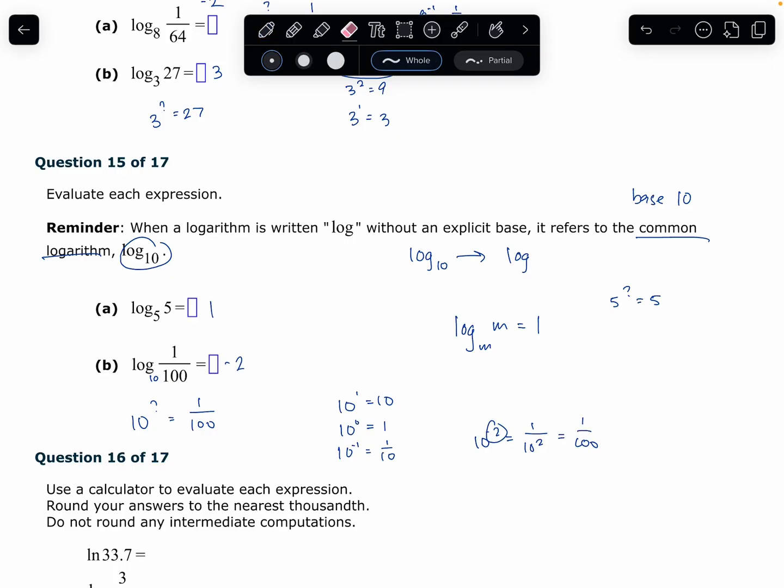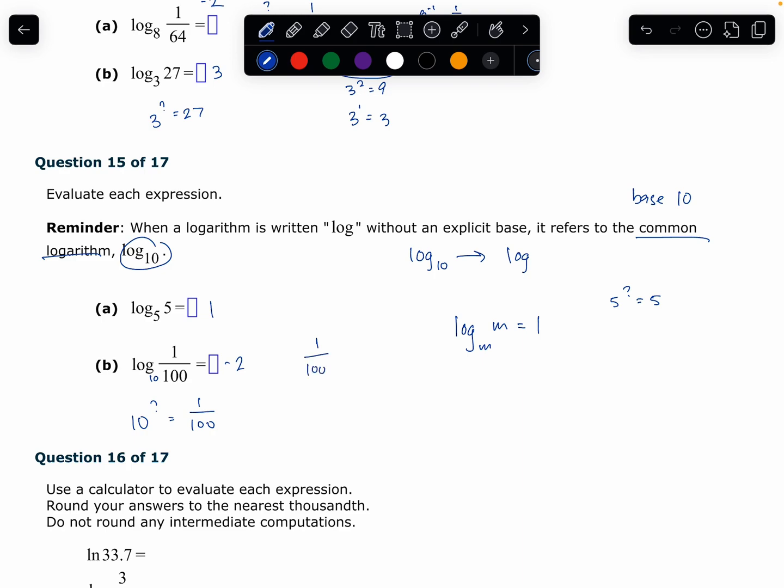Another way we could have done it, though, so that's one way that always works. So if you think about 1 over 100 and seeing that the base is 10, it depends on how good you are with your exponents. So I could tell you right now from the beginning, I know that 1 over 100 is 1 over 10 squared. And I know that that's equal to 10 to the negative 2. So I could rewrite my logarithm as a log of 10 to the negative 2. And again, this is a common logarithm, so it has a base 10.